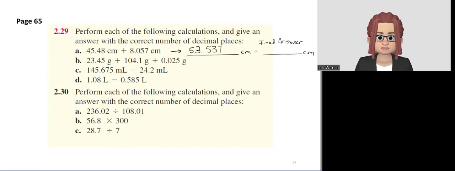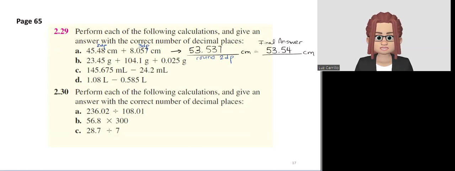But because of the application of how to correctly take these measurements and show the digits that carry meaning, we have to look at decimal places. This measurement has 2 decimal places. This one has 3 decimal places. So we need to round this to 2 decimal places. So our final answer is going to be 53.54 centimeters.